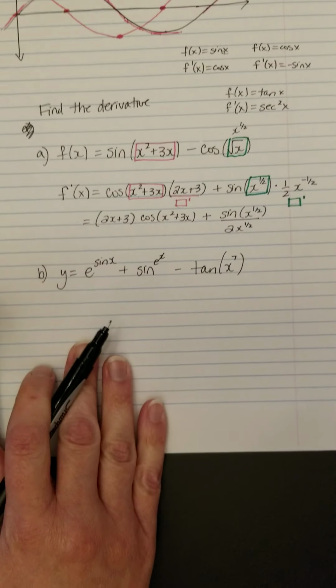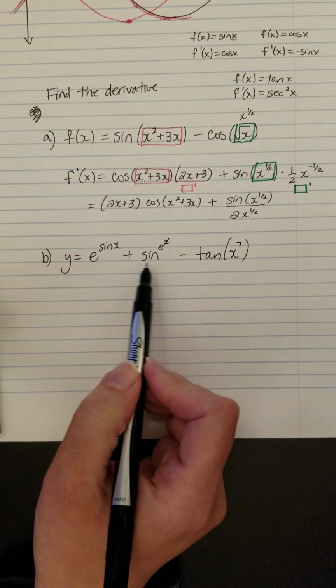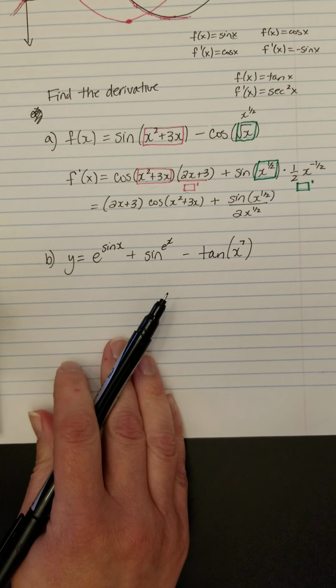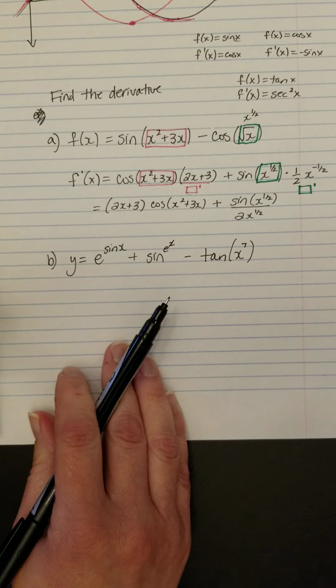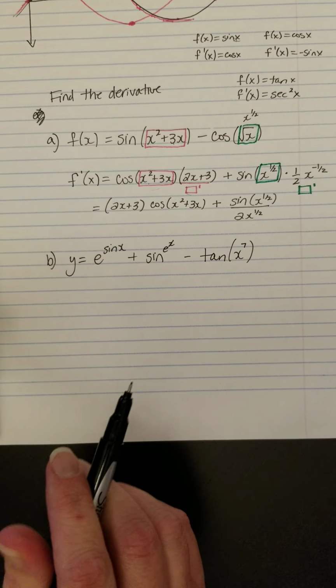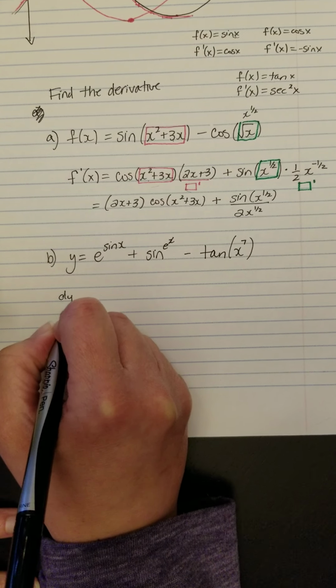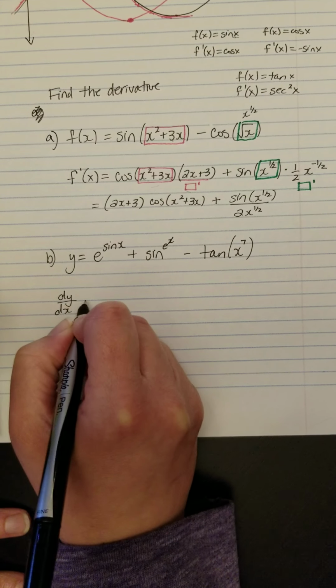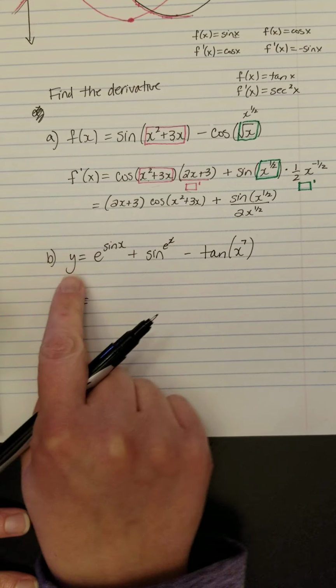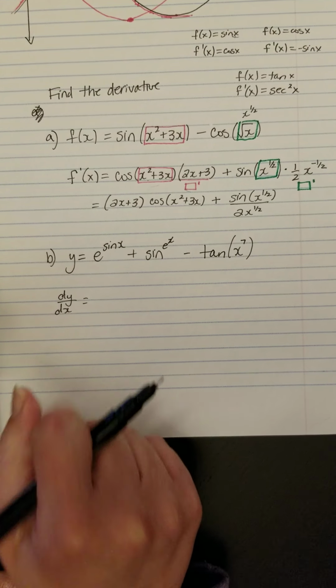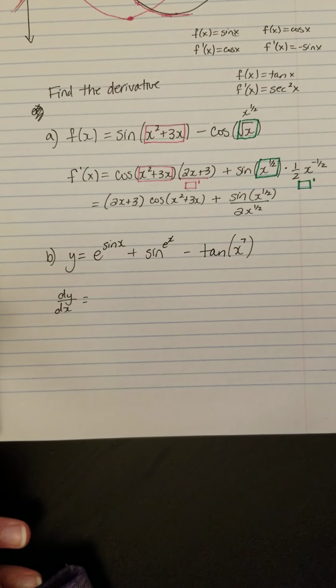The next one is pretty tricky. Like these first two terms for sure are pretty tricky to think about. So again, remember the differences in notation. I want you guys to be comfortable using f prime, dy/dx, or y prime.